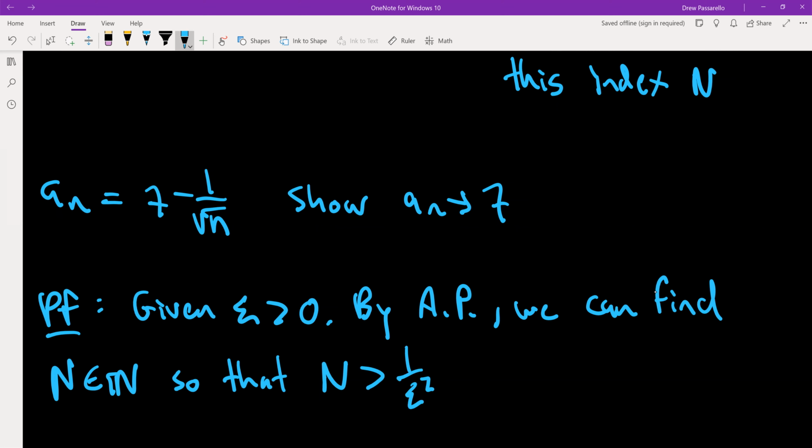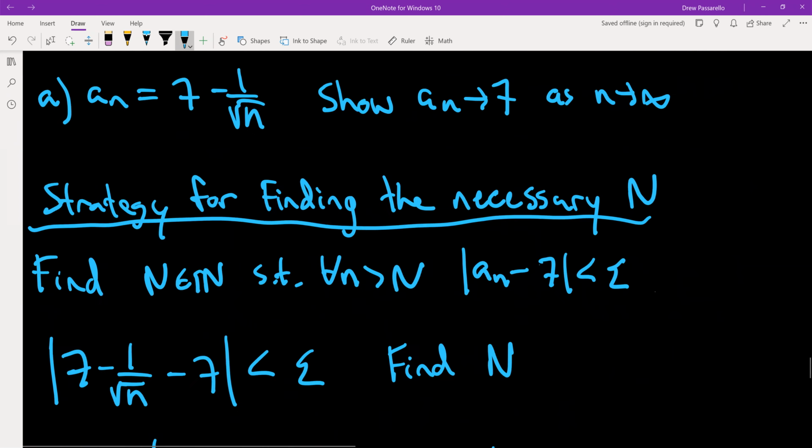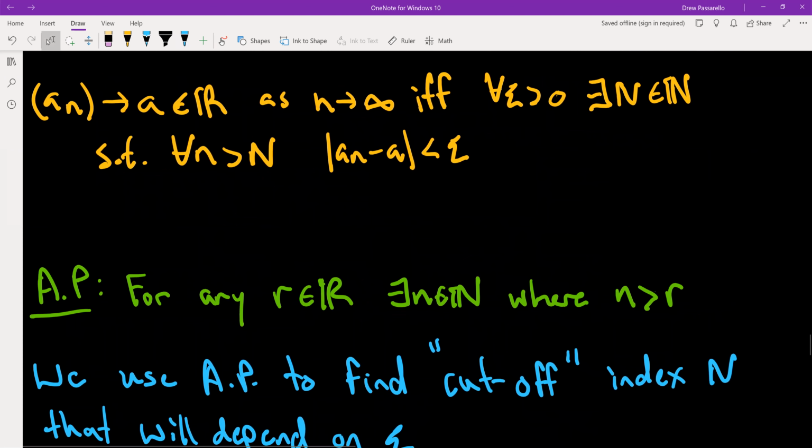And that's because of, again, the Archimedean Principle, which says for any real number, there exists a natural number bigger than that real number. And so our real number in this case is 1 over epsilon squared.